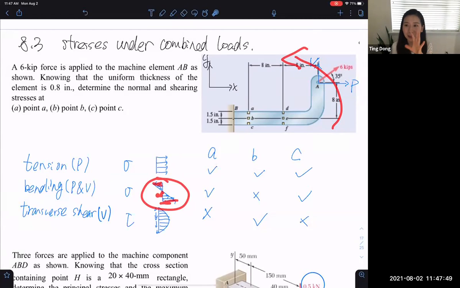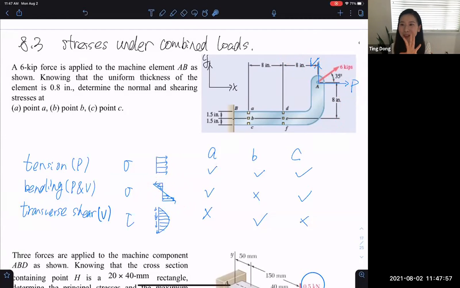Okay, great. And let's also make it more standard. We're not saying bending stress; it's normal stress sigma caused by bending. And of course, if the bending moment we calculate in the end is in this direction, then this is how the stress is distributed.